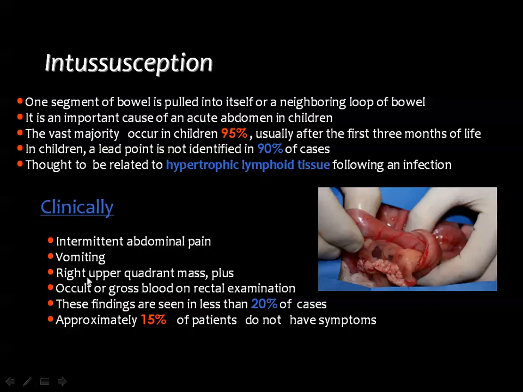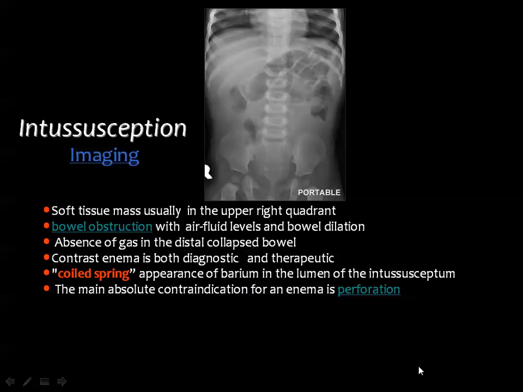Vomiting, right upper quadrant mass, and you can see the mass of the intussusception, occult or gross blood on rectal examination. These findings are seen in less than 20% of the cases, and about 15% of the patients do not have symptoms.